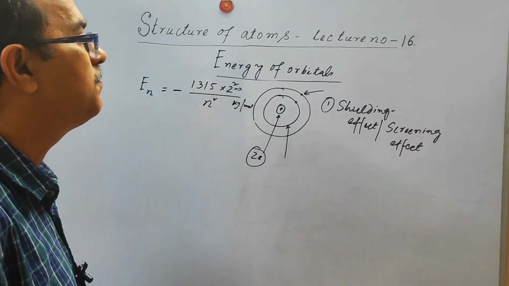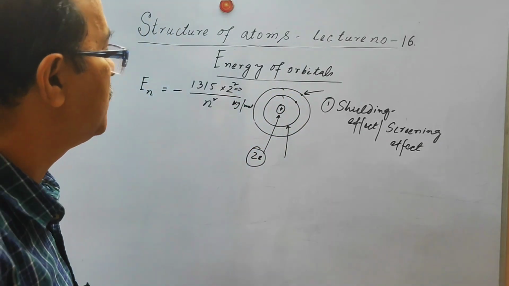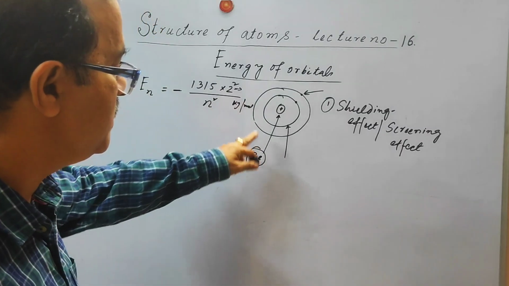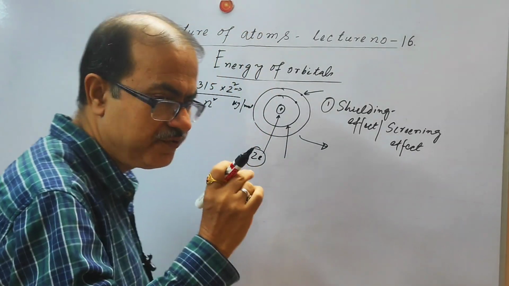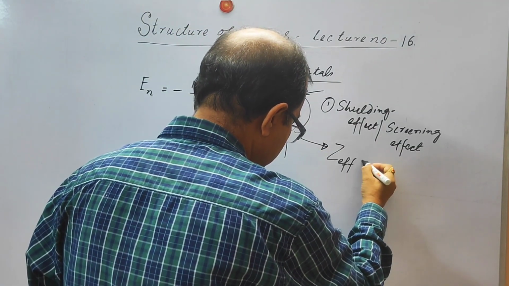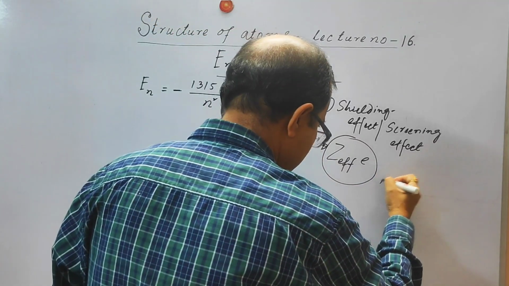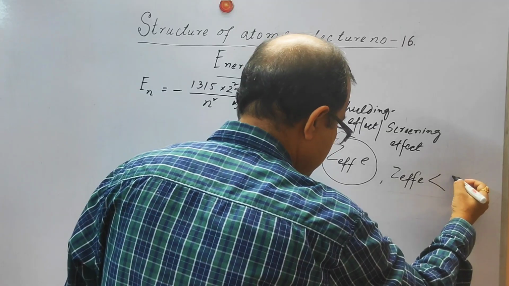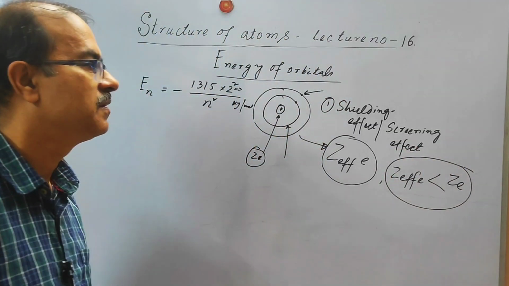Due to this shielding or screening effect, these outside electrons are not able to experience the same positive charge as they should. They feel an effective charge, Z effective e, and Z effective e is always less than Ze.